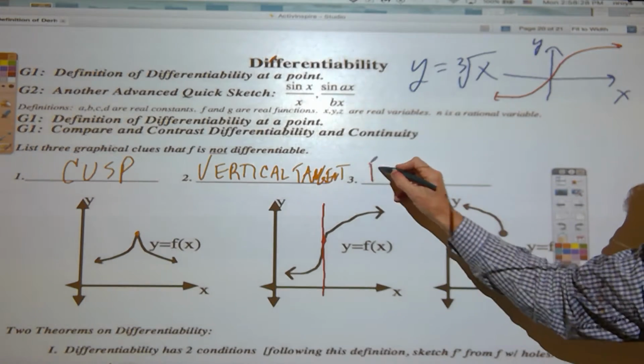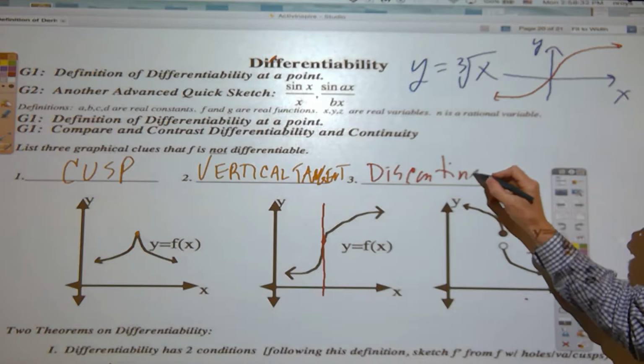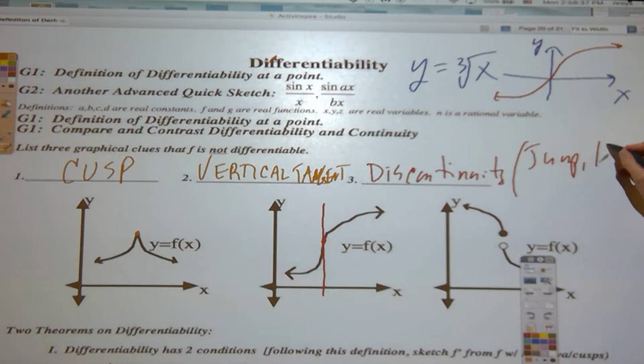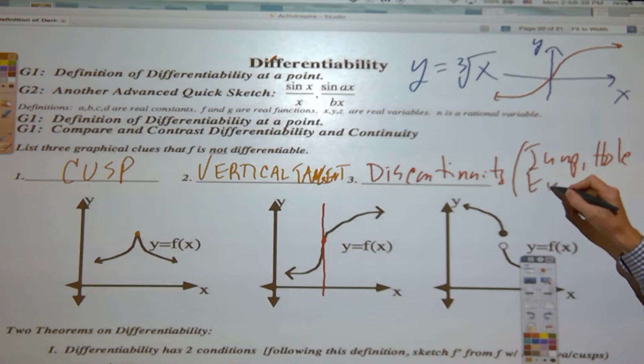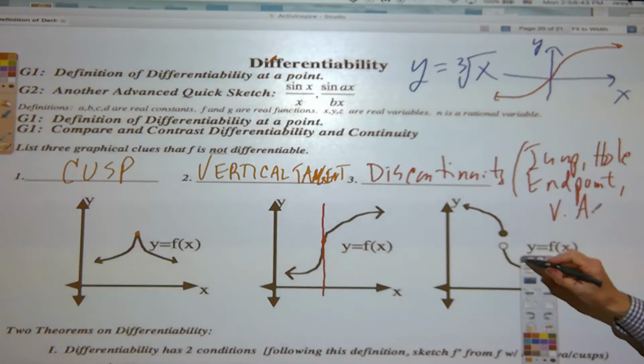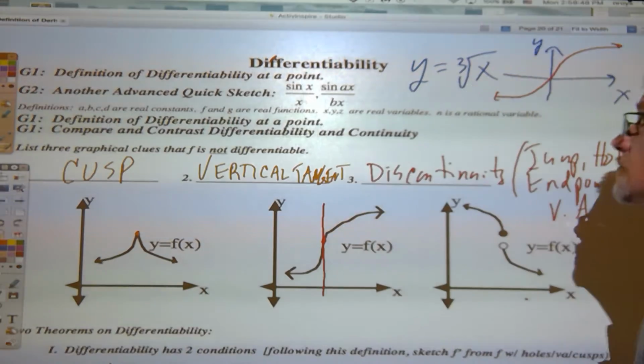Also, if we have any discontinuity, we cannot take the derivative. Discontinuity, for example, a jump, a hole, an endpoint, a vertical asymptote. All of those will make it so that we cannot take a derivative.